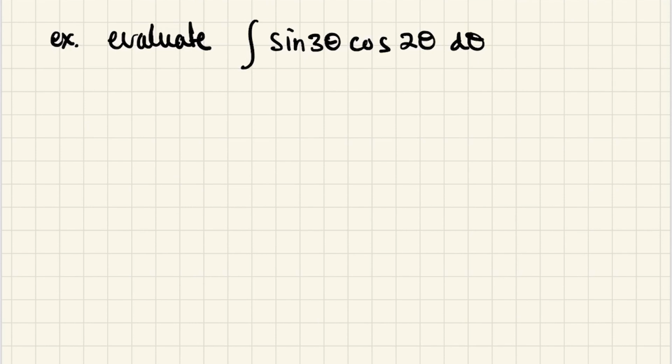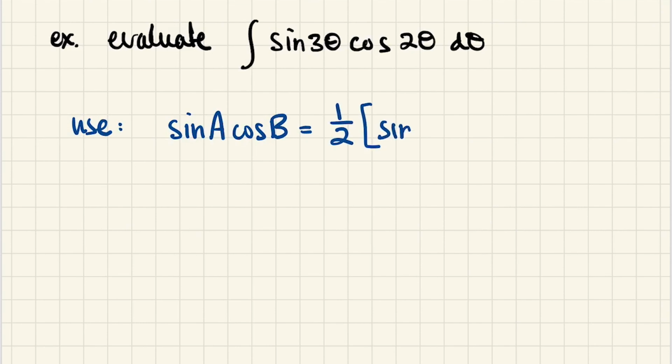Well, one more identity, and this one you probably have not worked with at all. So we're going to use this identity here. Sine of A times cosine of B is equal to 1/2 sine of A minus B plus sine of A plus B. And you would be completely forgiven if you've never seen that before.